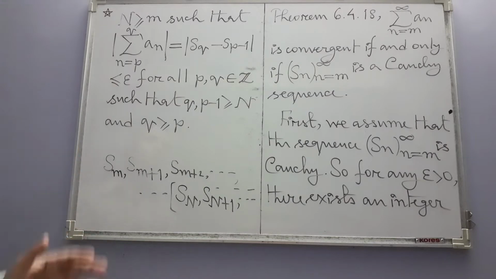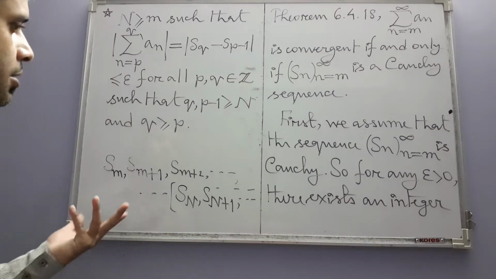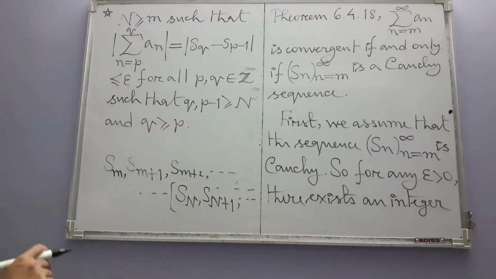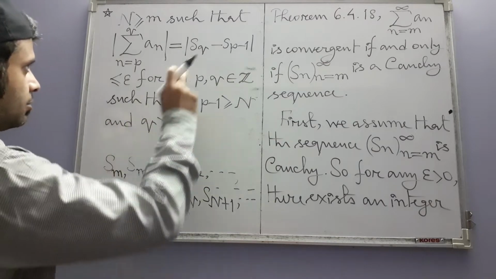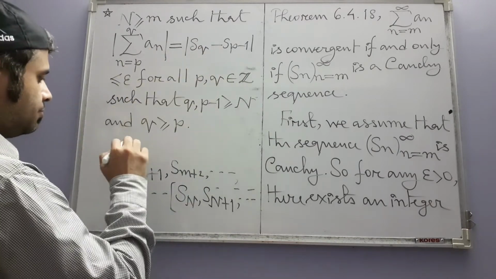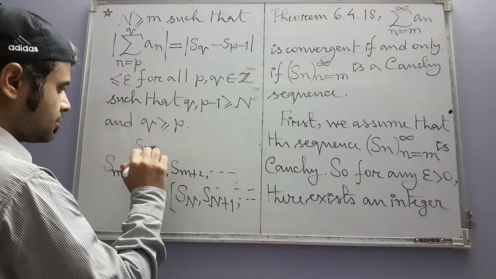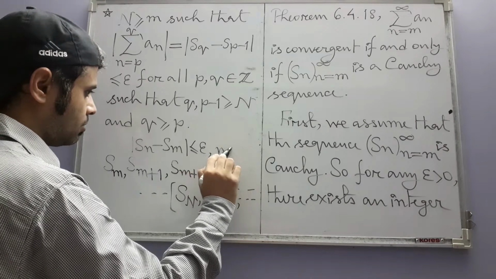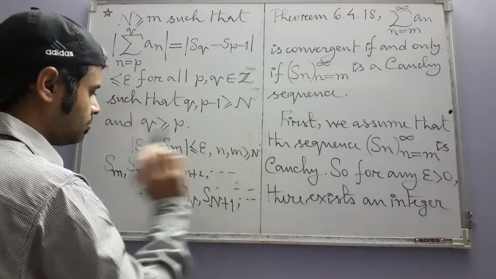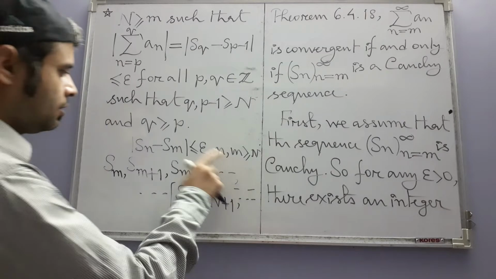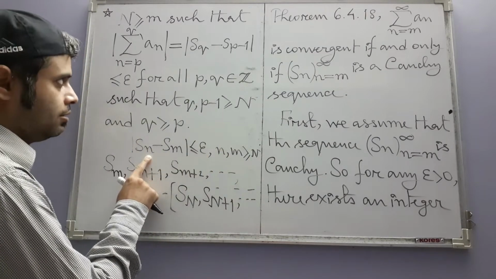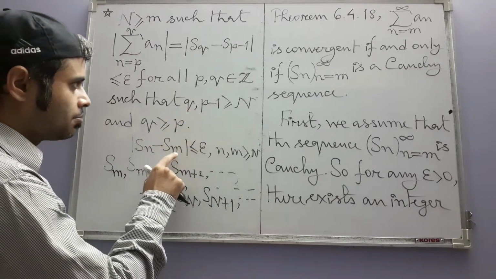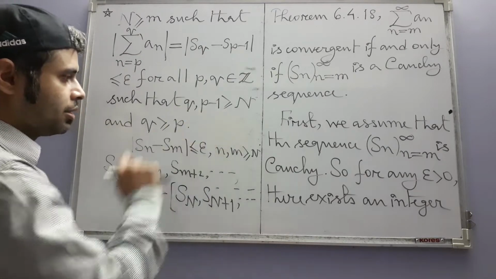So what have we written here, and how are we exactly using the condition that this sequence is Cauchy? Cauchiness has been used here in writing this inequality. You see, originally Cauchiness is giving us this, right? Sn minus Sm is less than or equal to epsilon for all integers n and m greater than or equal to N. Now, in place of n, we are choosing q, and in place of m, we are choosing p minus 1.